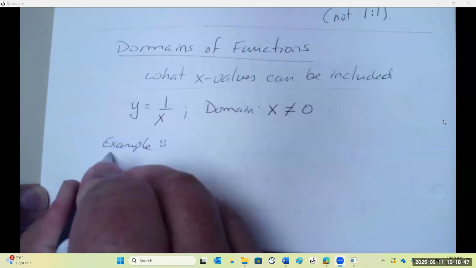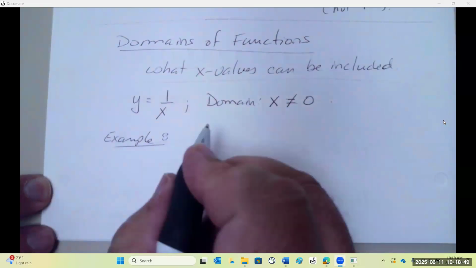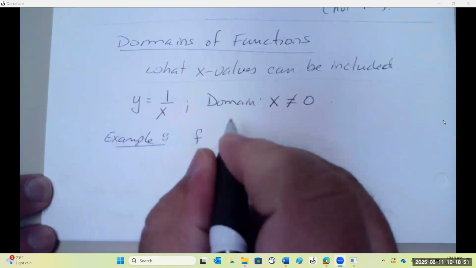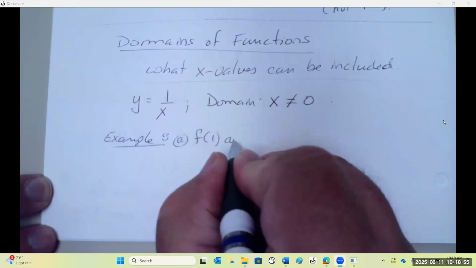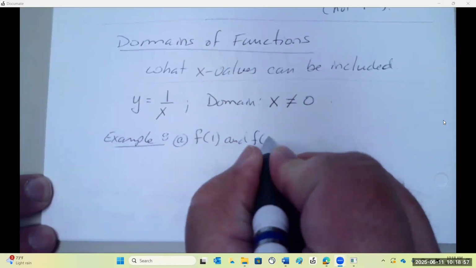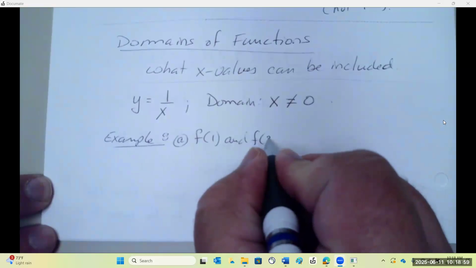Example 8. Here's the first one. A. F of 1 and F of 6. Or F of 3.